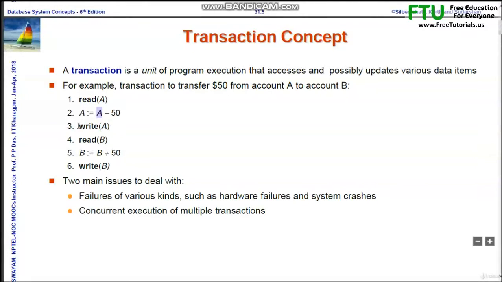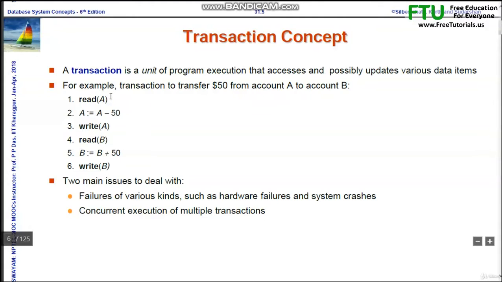Now write A, which means this will be written into our database. In our database there was $100 written, but after performing this operation, now in our database only $50 is remaining.